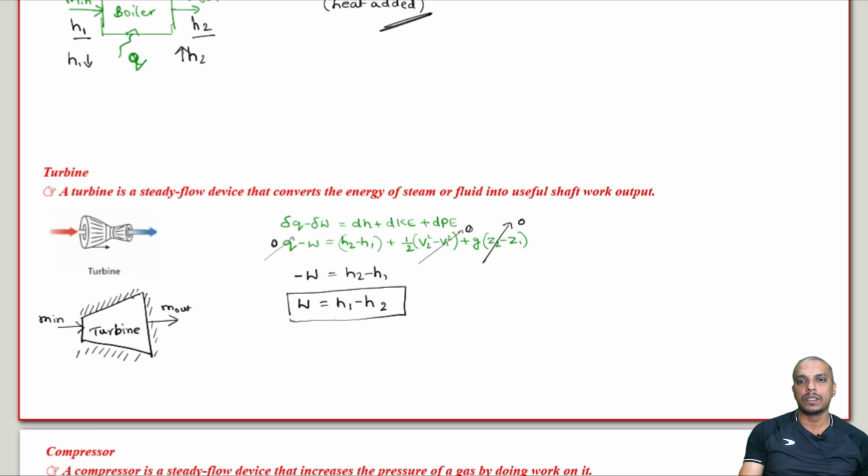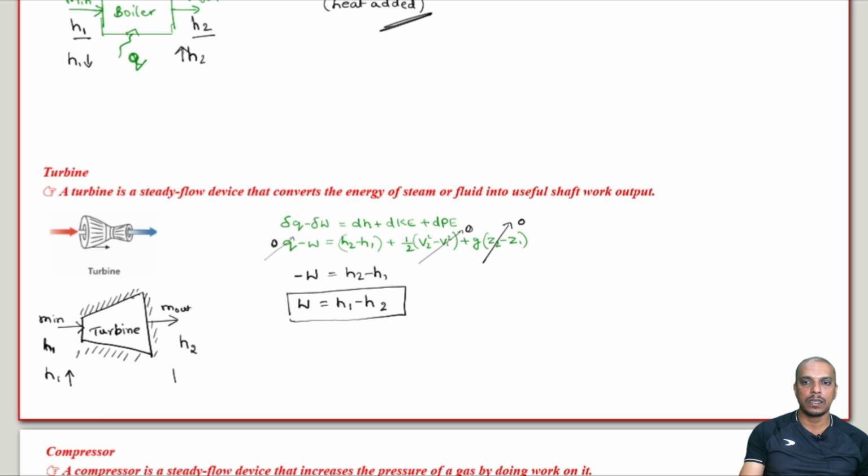Now, we can also see whether this work interaction will be positive or negative. H1 will be the enthalpy of the steam at the inlet, H2 will be the enthalpy of steam at outlet. Energy at inlet will be higher in a turbine. Steam is the working fluid, and its energy at inlet will be higher.